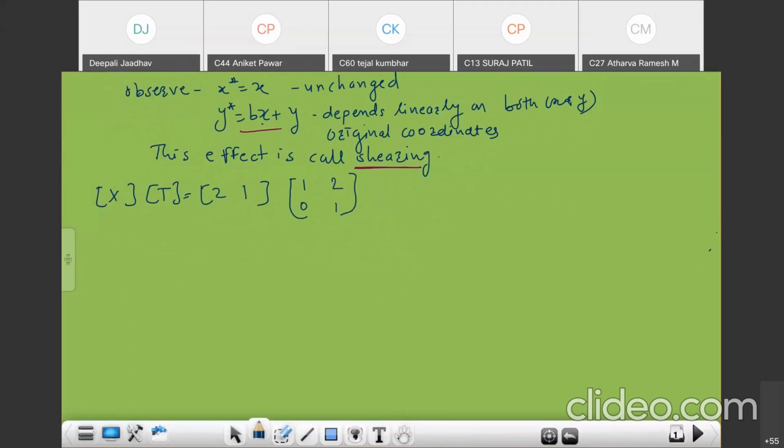A and D, the diagonal points, are both 1. We are considering only B off diagonal, that is B is equal to 2.